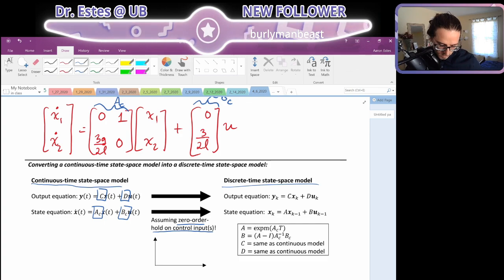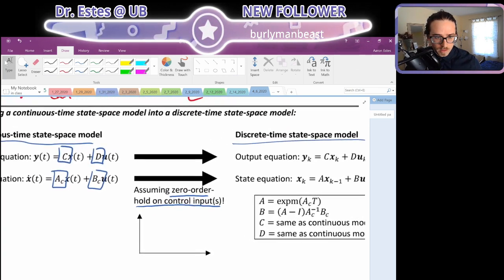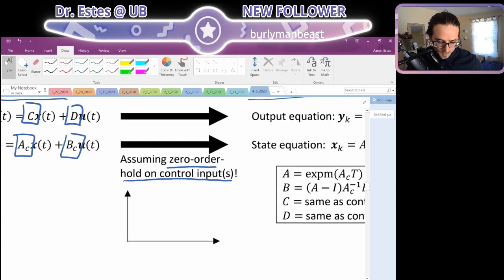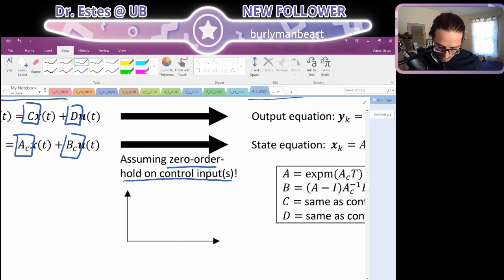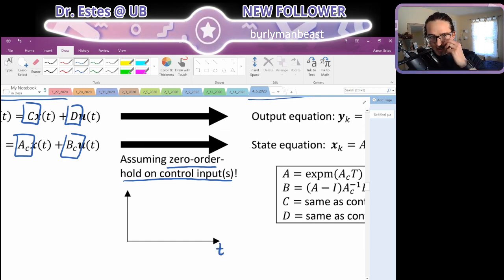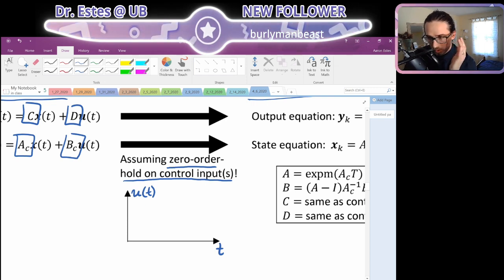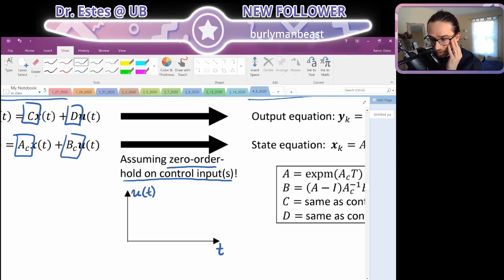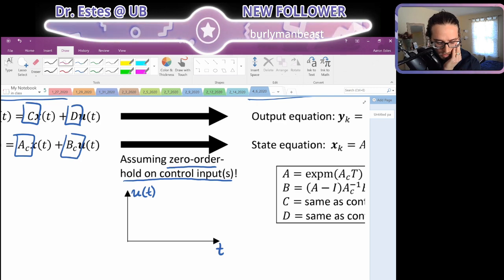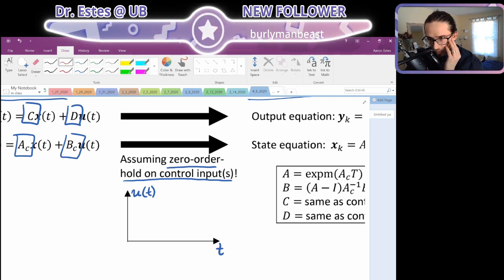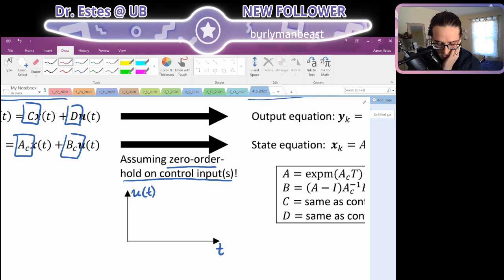So I'm going to zoom in down here. So this is going to be time on this axis. This is going to be my control input. So my control input as a function of time. Now we know when we're implementing a discrete time system, we only issue commands at discrete points in time.